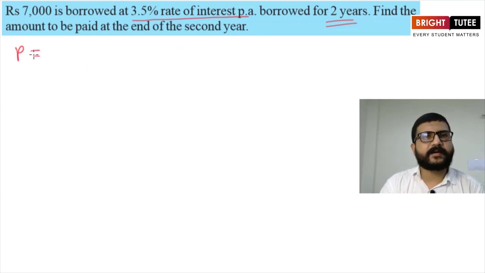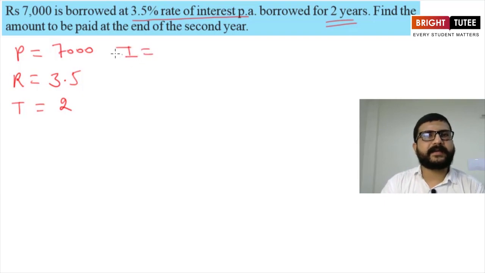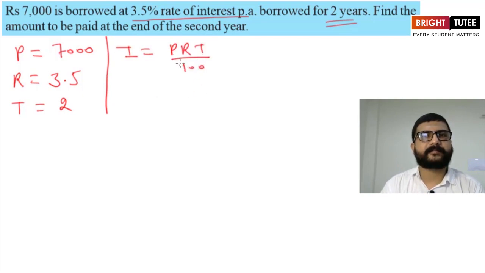So first of all let's write what is principal here. It is 7,000, rate of interest is 3.5 and time period is 2 years. So I will be equal to, I is interest, so interest will be equal to PRT upon 100.